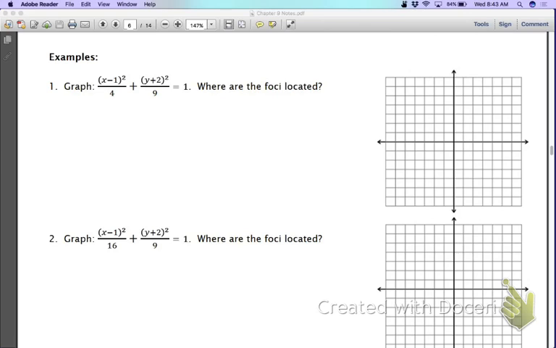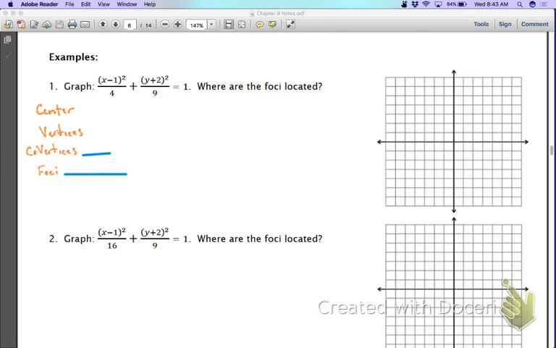The only thing different here is now we're going to move our ellipse. We still go off of our four things: we still need to know what our center is, our vertices, our co-vertices, and then our foci.